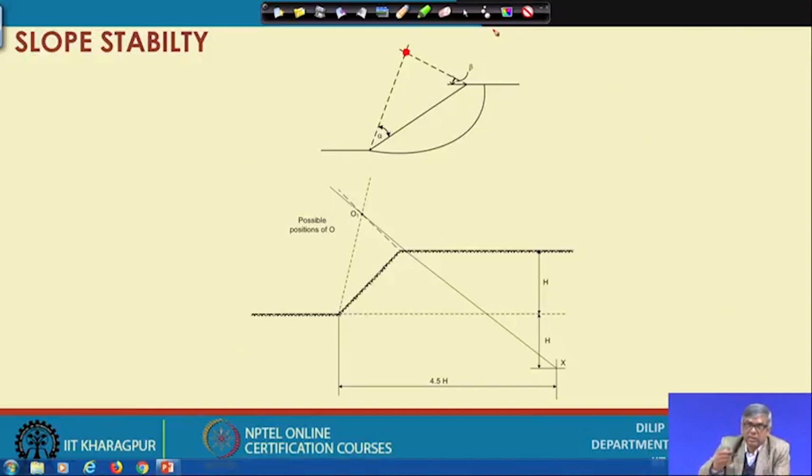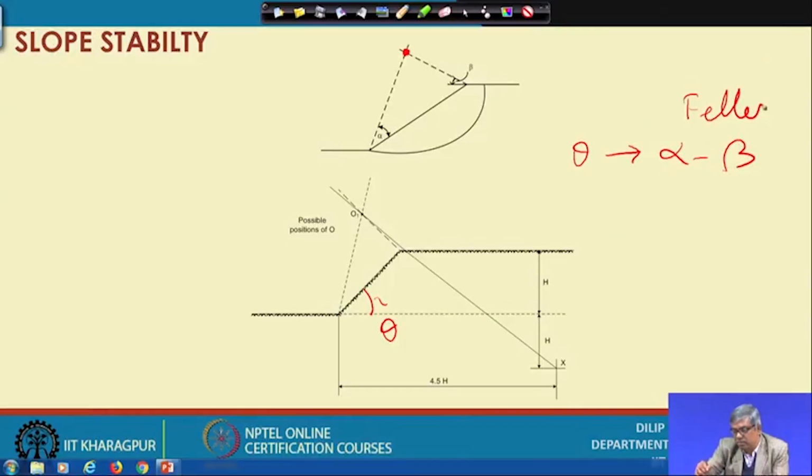Suppose this is the slope angle theta, and based on theta, the corresponding alpha and beta you can take from Fellenius's table, and you can draw this is beta and this is alpha. If I do, then I will get the center.